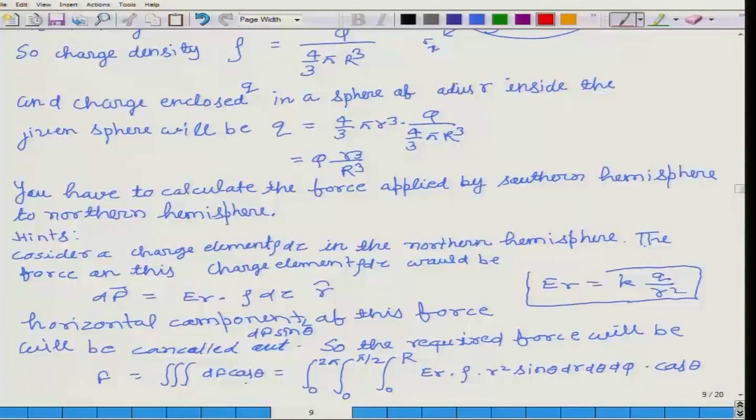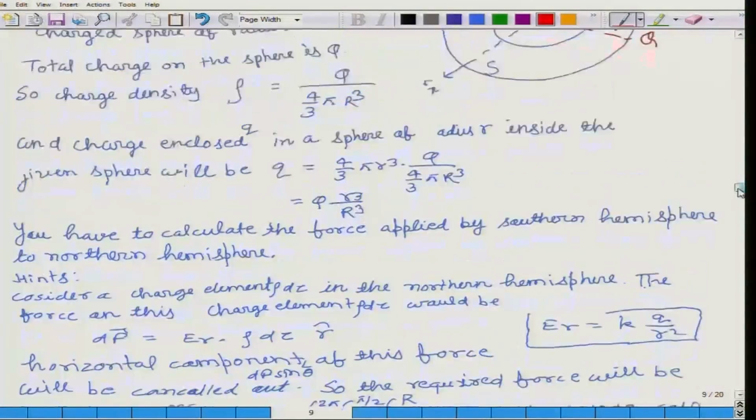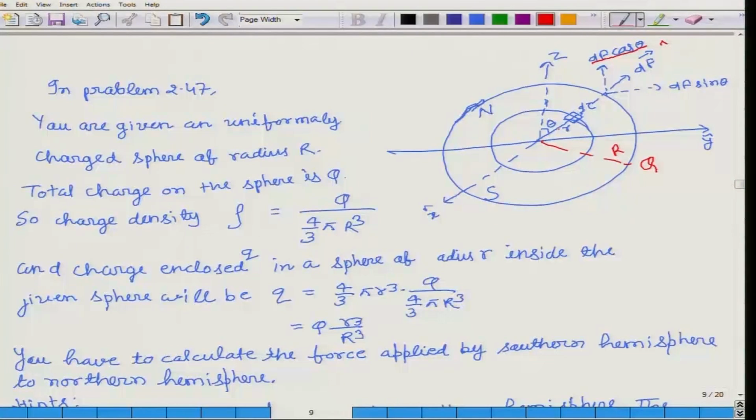Keep in mind your theta integration will be from 0 to pi by 2, because you are calculating the force on the hemisphere. So, your theta will vary from 0 to pi by 2, because you can go only from here to here.